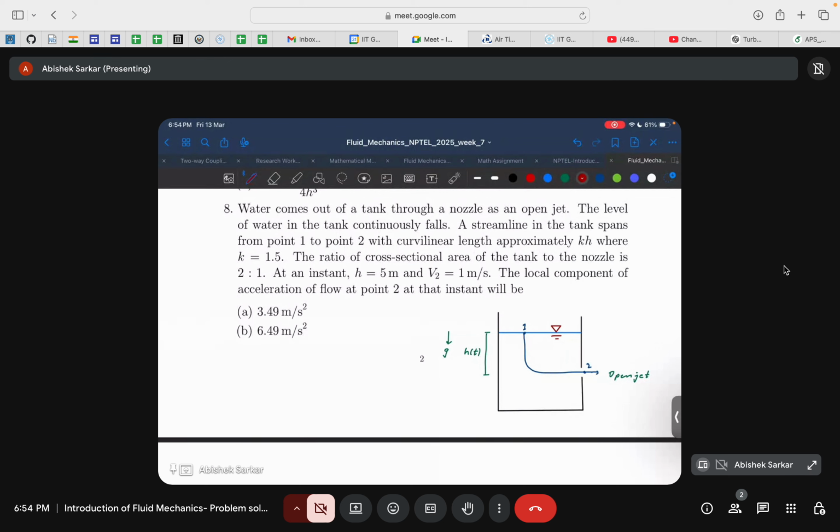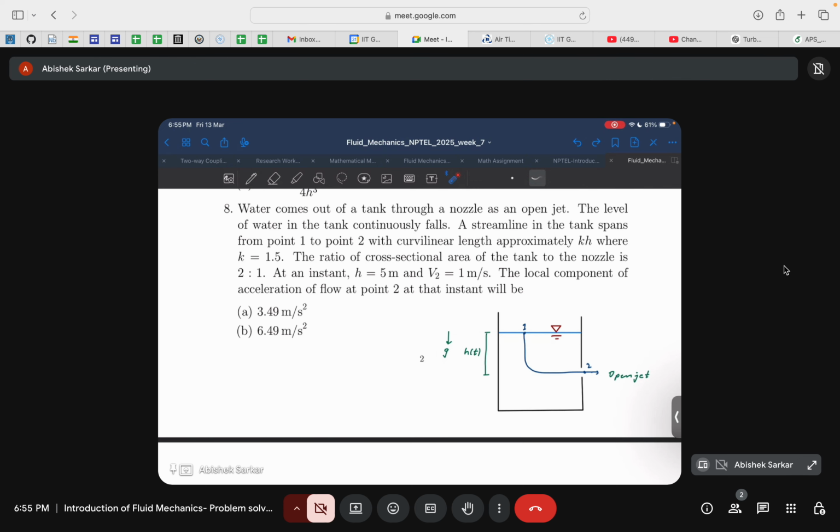The ratio of the cross-sectional area of the tank to the nozzle is 2:1. Like the ratio of the area of the opening of the tank to the nozzle is 2 is to 1. Of course, it's very disproportionate from the diagram, but this is what is shown here.